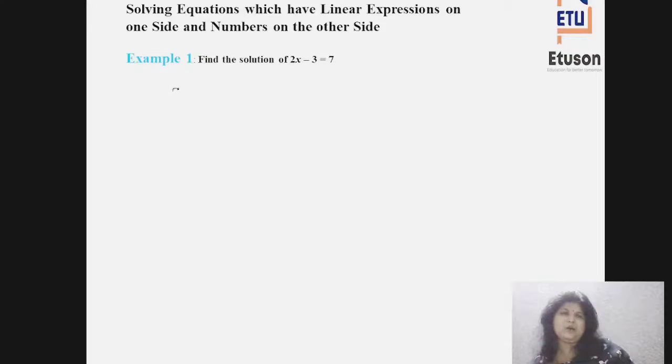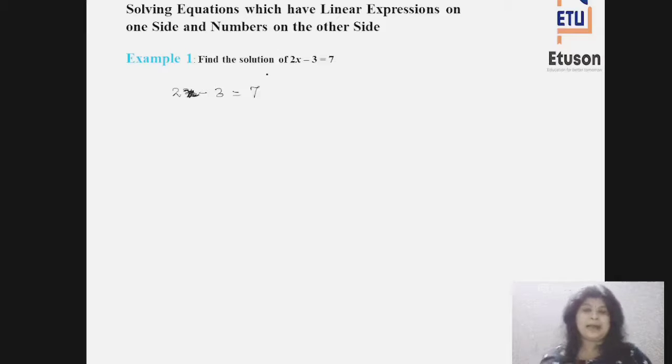So let us write down the equation as it is. So that is 2x minus 3 is equal to 7. So what I will do is I will try to keep the variable to one side and the constant to the other side.